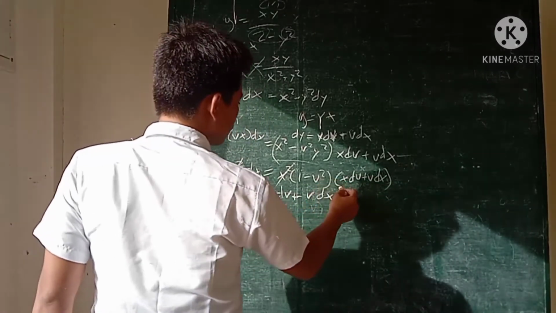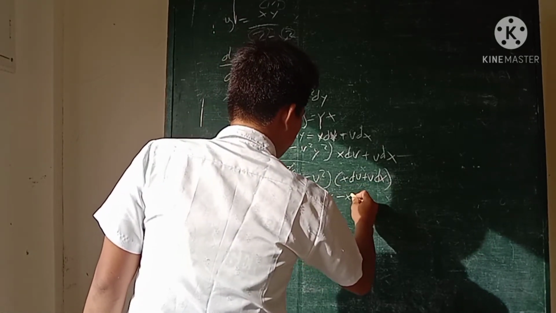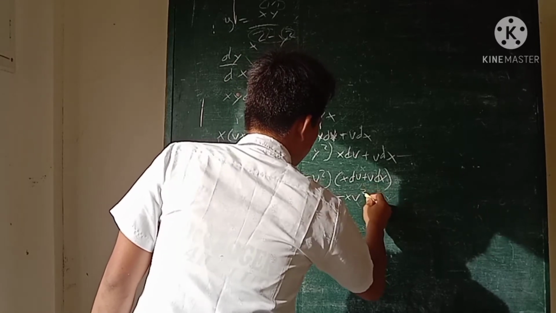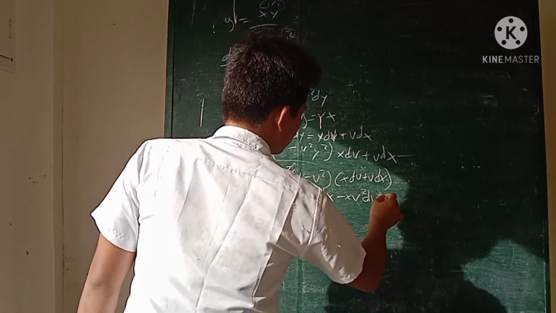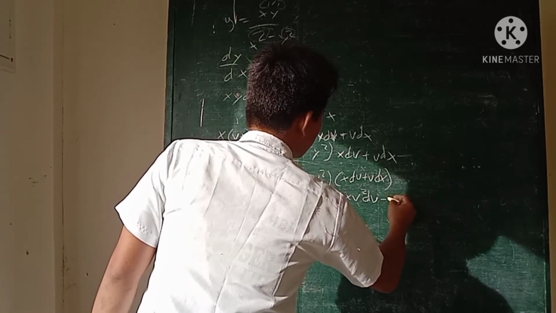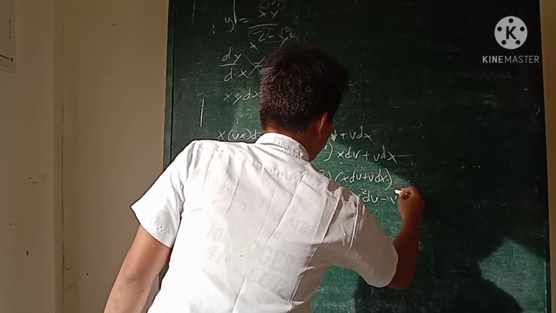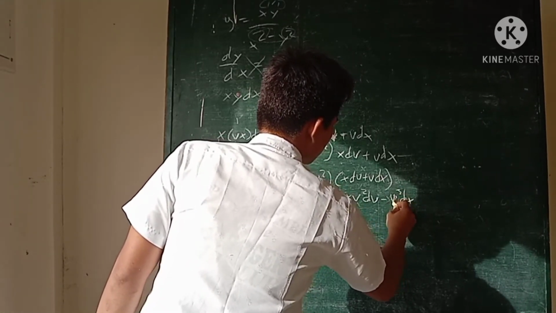Then negative v squared times x dv, so negative x v squared dv, then negative v squared times v dx equals negative v cubed dx.